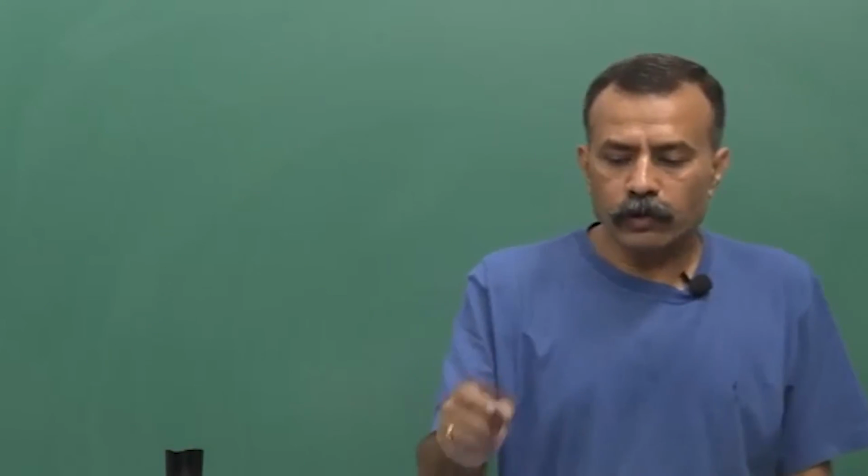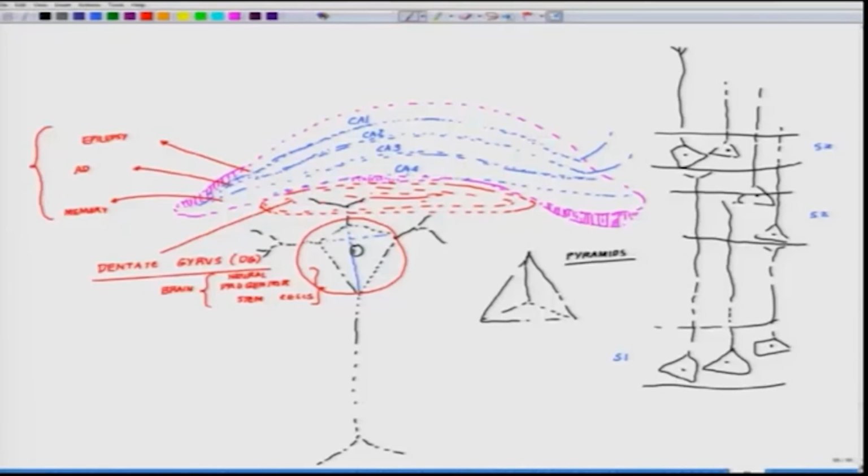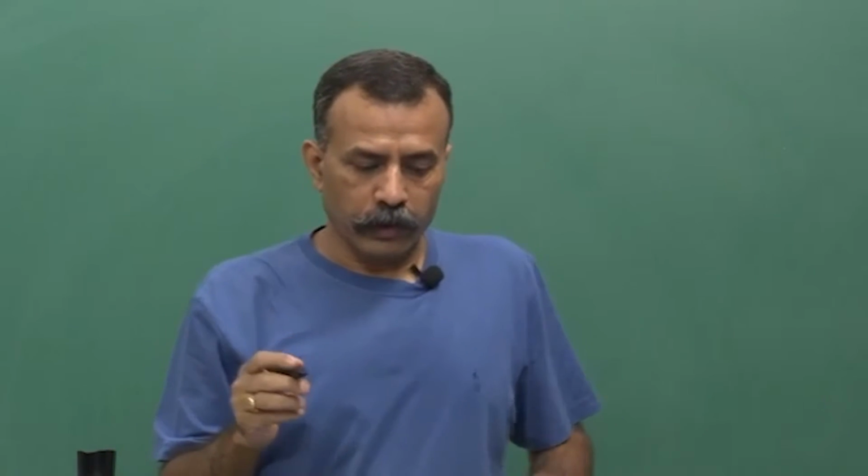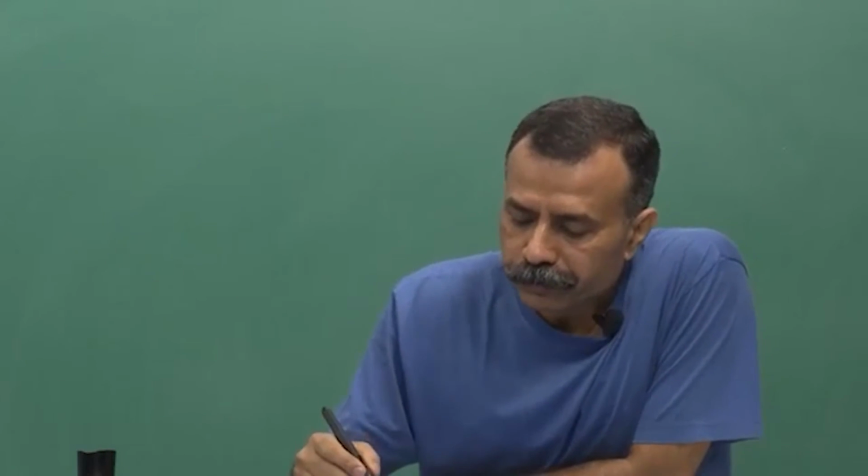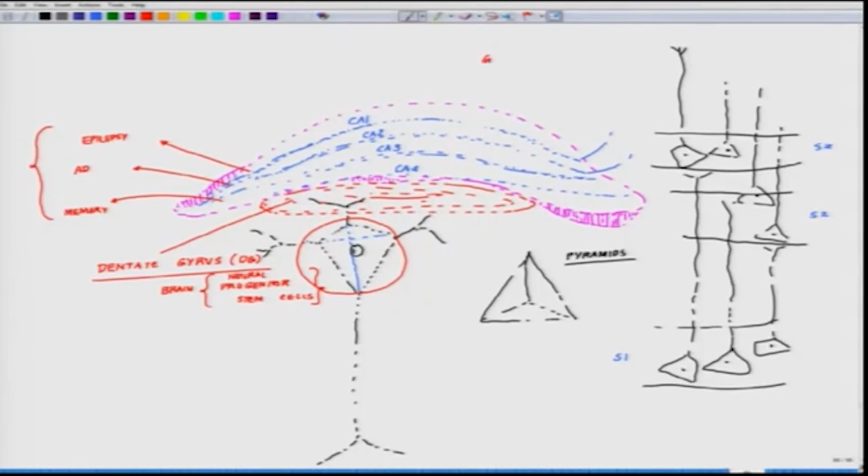Now, the neurons present here, this is one aspect of the anatomy I told you. Most of the neurons present in the hippocampal region have certain unique neurotransmitter types. So they are mostly either glutamatergic.